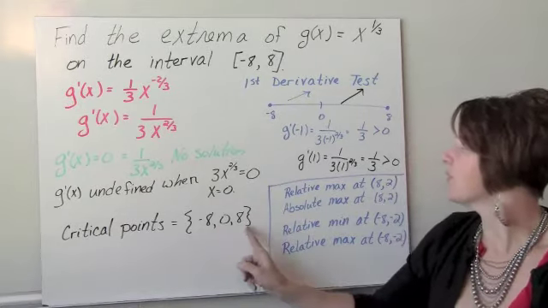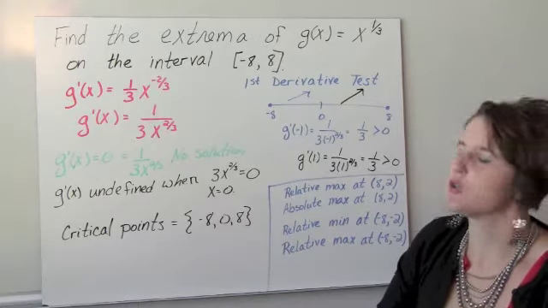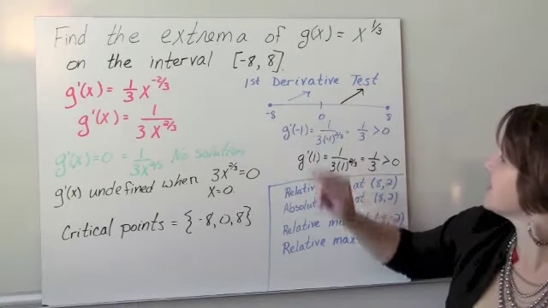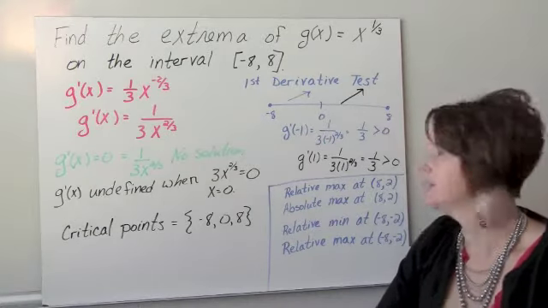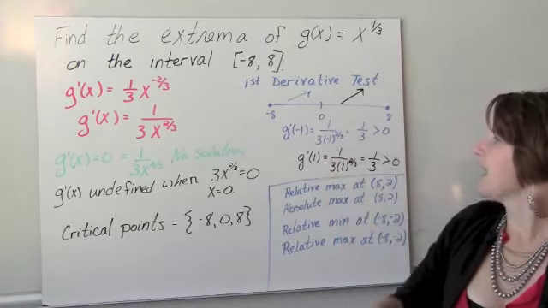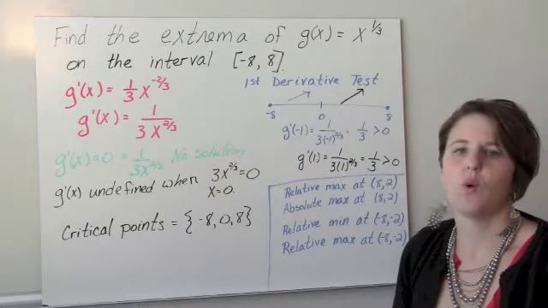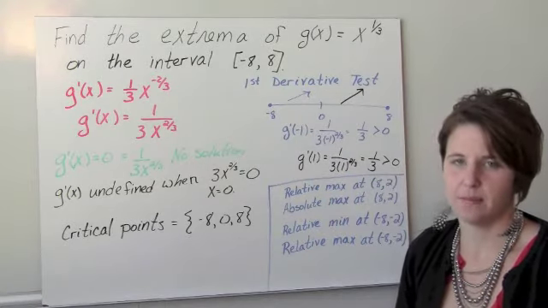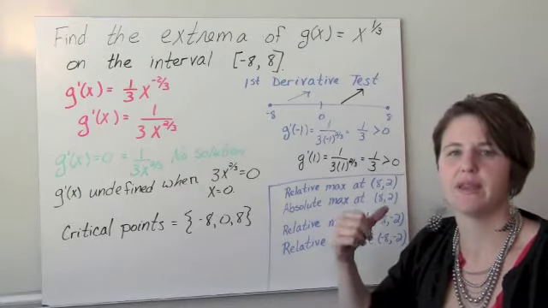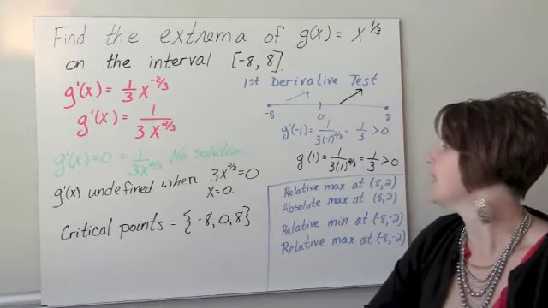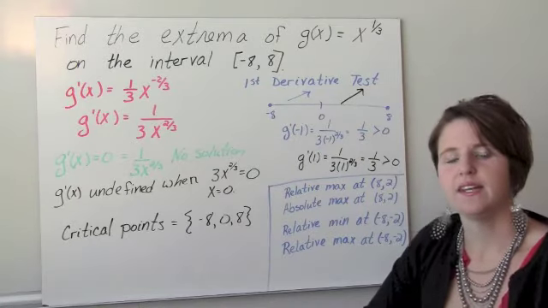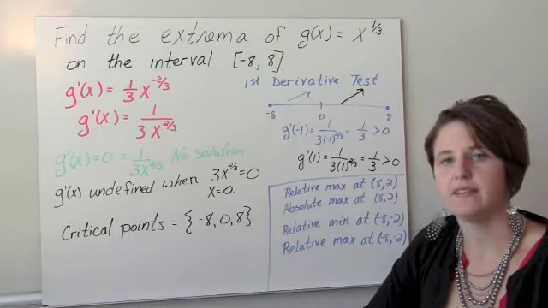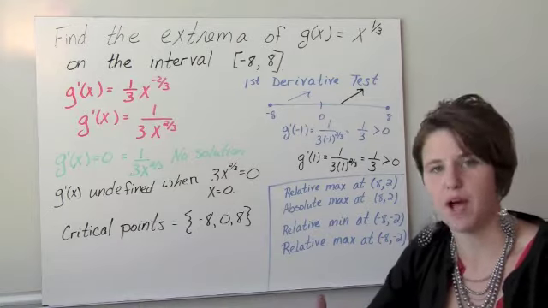Okay, so I have 3 critical points, and we're going to do our first derivative test, negative 8 to 0. If I plug in a number like negative 1, g prime at negative 1 actually equals 1/3, which is a positive number, which means we're increasing from negative 8 to 0. If I plug in a number between 0 and 8, like 1, g prime at 1 equals 1/3, which is a positive number.